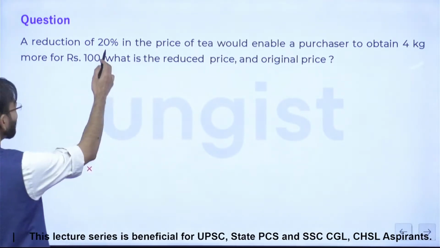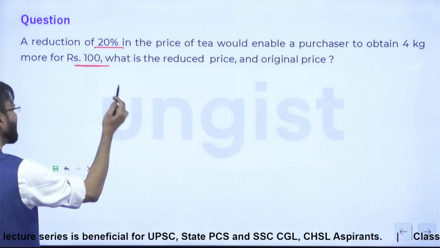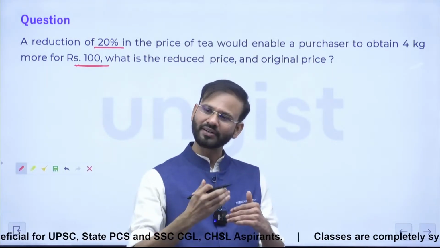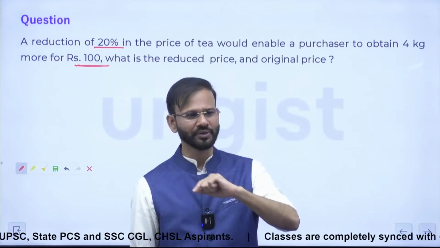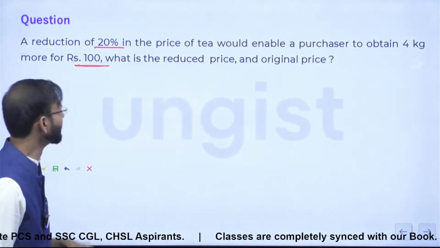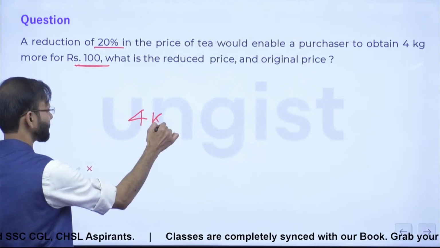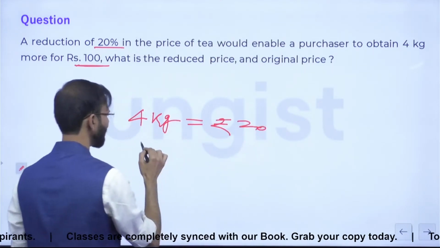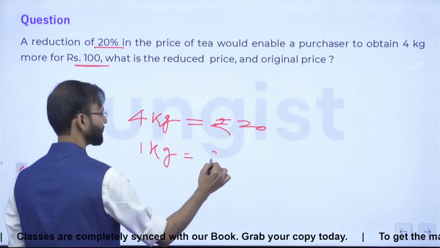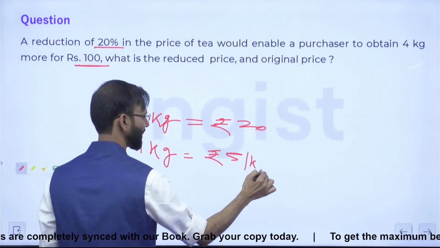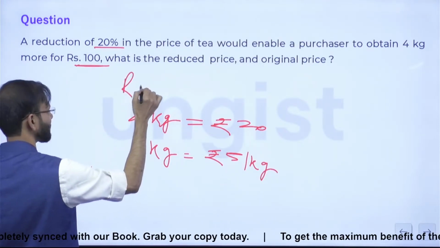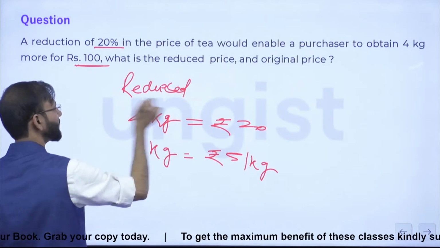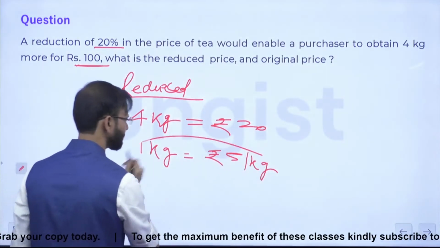If 20% is the reduction with respect to 100, it means there is a reduction of 20 rupees, right? And still you are paying rupees 100, it means you are paying 20 rupees extra today. And for that 20 rupees extra today, you are getting 4 kgs extra. So today's price is 4 kg available for rupees 20. So 1 kg is available for rupees 5, right? So reduced price, ये reduced situation है guys, huh? So sorry, it is C.